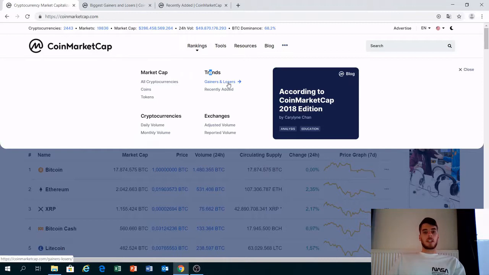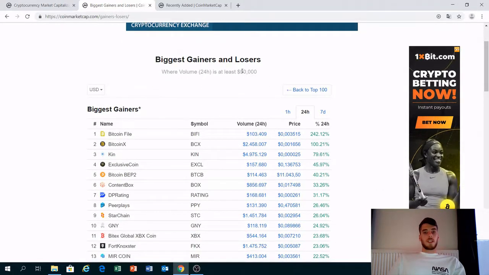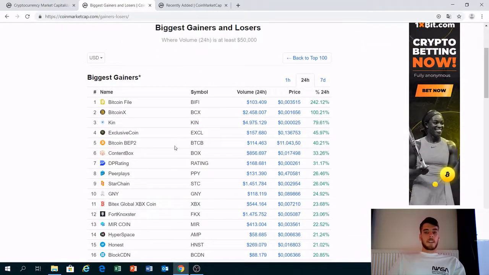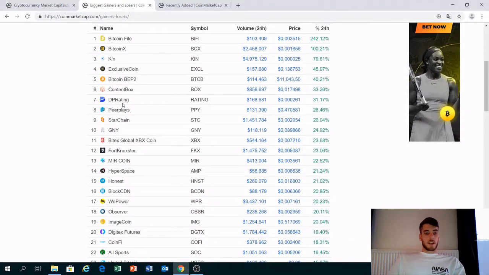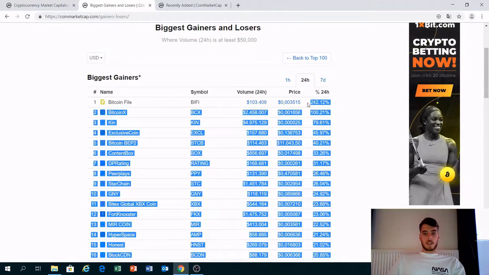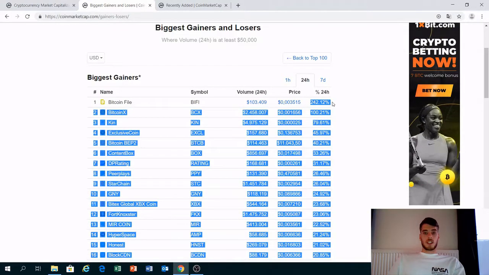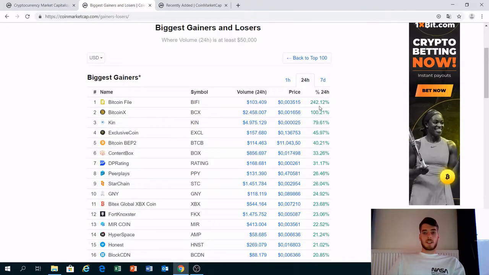If you click here, I already got it open, so I will click here. You see the biggest gainers in the last 24 hours with at least $50,000 volume. So you can see here all the shit coins which did the greatest. You can see here how much they changed in the last 24 hours.